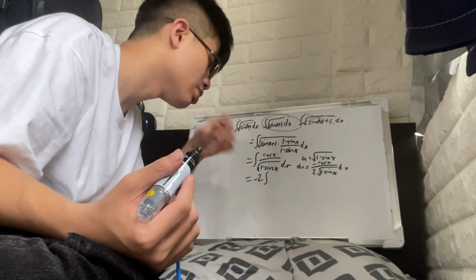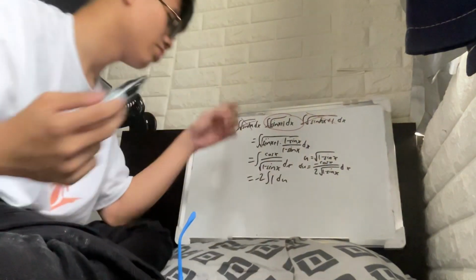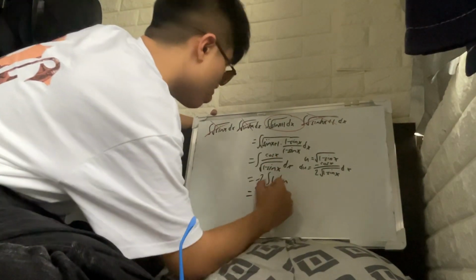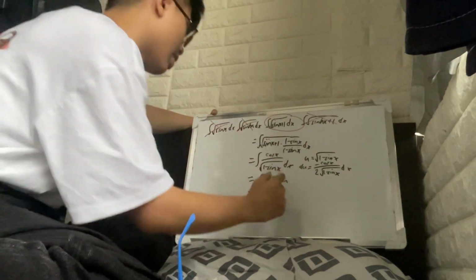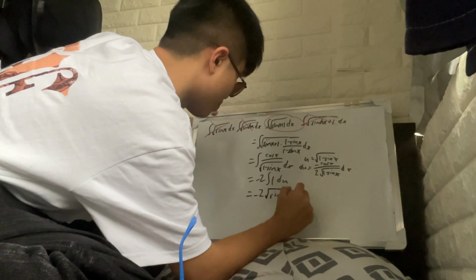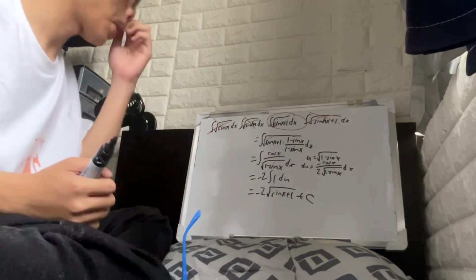Be sure, just negative 2 here. We don't have a u. Be careful. Finally, integrate 1 in our u row, you just get u. And then change to our x row, you get the square root of 1 minus sec x plus c. And that's it. That's the answer.